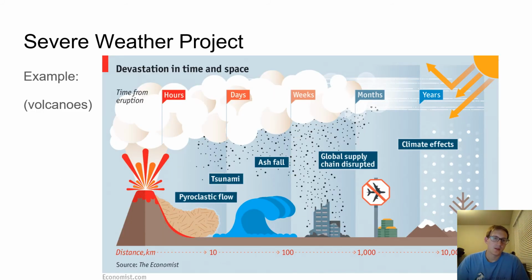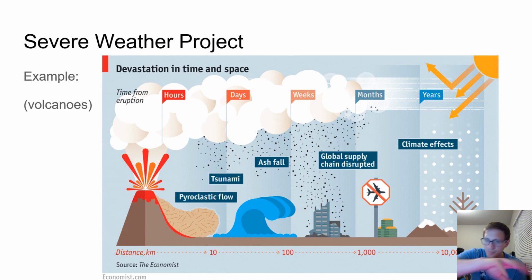Okay? Here's an example I did with a volcano. So for example, locally, obviously there's going to be lava flow near the volcano. Later though, if it was triggered by an earthquake, it can cause a tsunami. Ash falls weeks later in places all over the world. It can affect the climates and make weather and seasons more drastic in years to come, and all kinds of things.